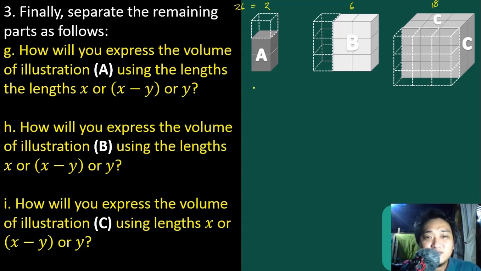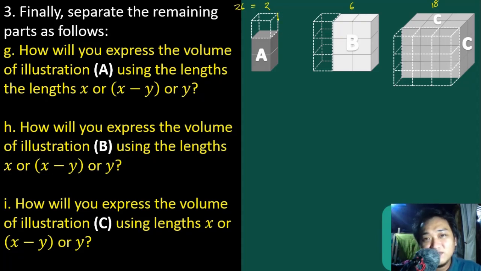Ngayon, let us try to figure out letter G. How are we going to express the volume of illustration A using the lengths x or x minus y or y? So, in this manner, alam naman natin siguro yung dimension kanina nito.